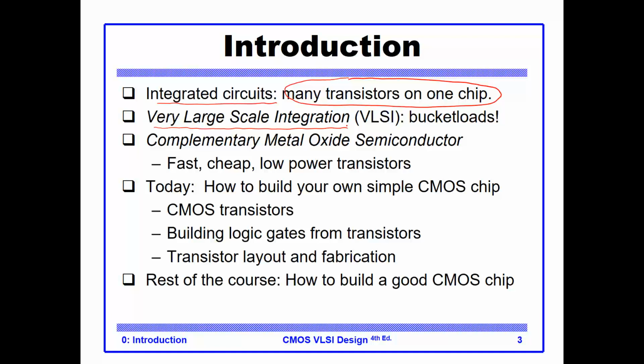Now, obviously, there are two methodologies or two technologies that deal with packing transistors. One is the BJT technology, which is an old one, and the other one, a new one, is the complementary metal oxide semiconductor, abbreviated as CMOS. But CMOS won this competition because it is faster, cheaper, lower in power, and scales better with technology.